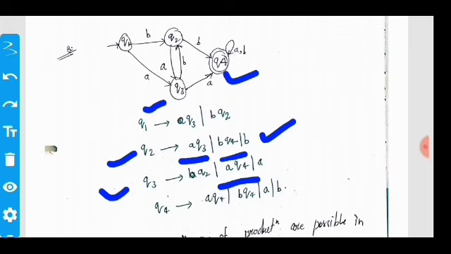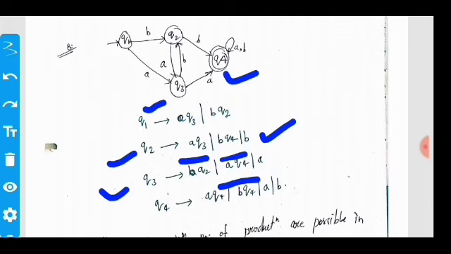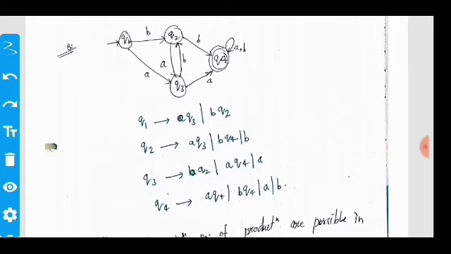And when we give b it goes to Q2, so the production of Q3 is bQ2 | aQ4 | a. Coming to the Q4 state, here when we give a and b, we get aQ4 | bQ4 | a | b, because Q4 is the final state, so it individually contains a, b and also combinations of a, b.